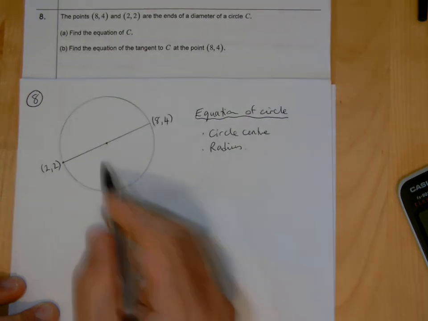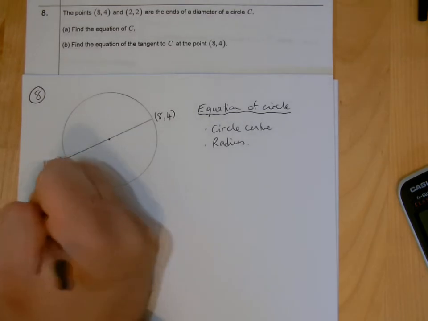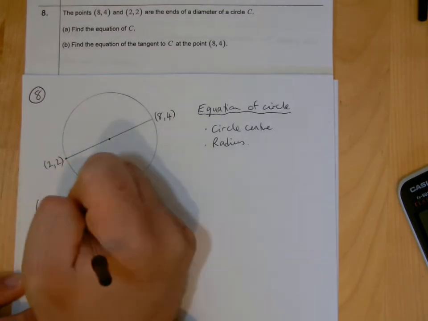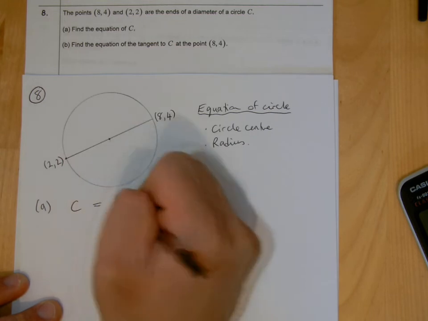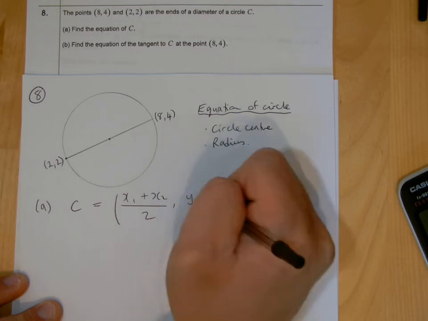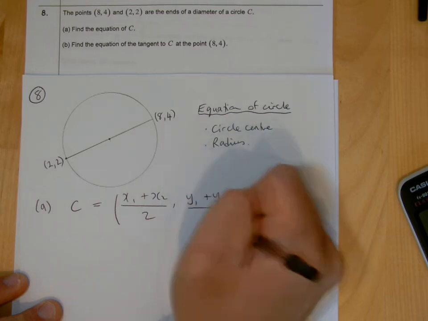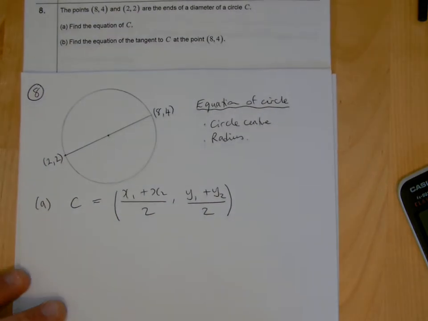To get the middle of those 2 points, we just use the midpoint formula that we learned in coordinate geometry. So the center, we'll call C, will be (x1 plus x2 over 2, y1 plus y2 over 2).